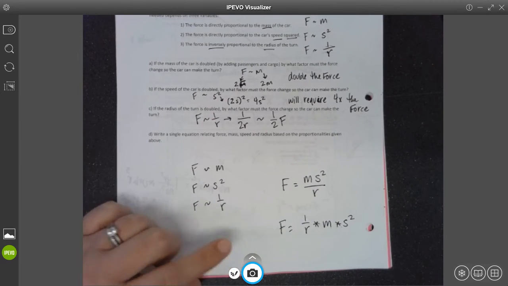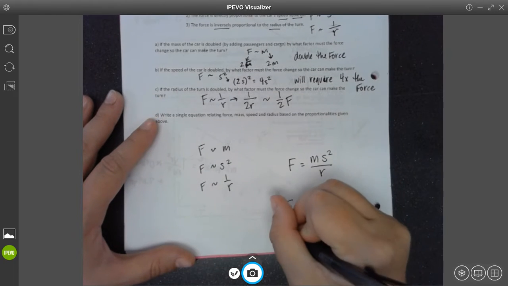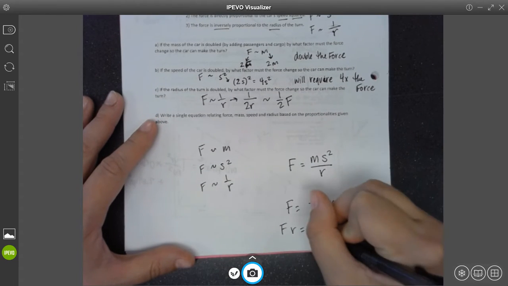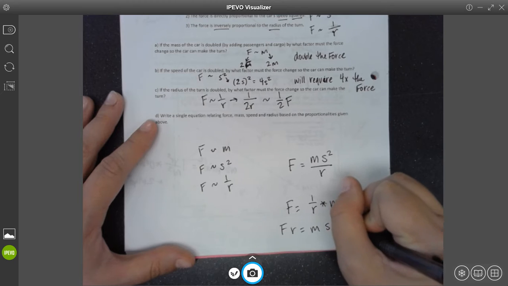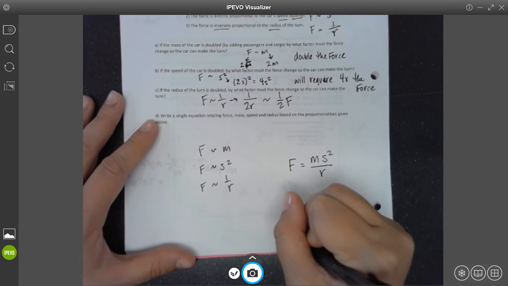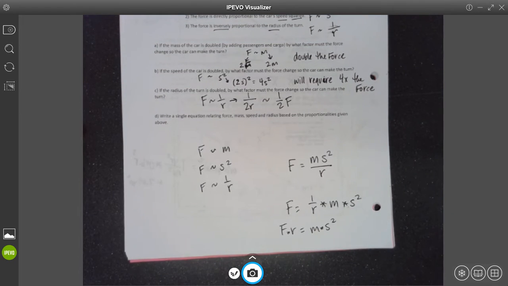Some people really don't like the reciprocal, and every once in a while I have a student write this. Which is the same. Anyway. All of these are the same.